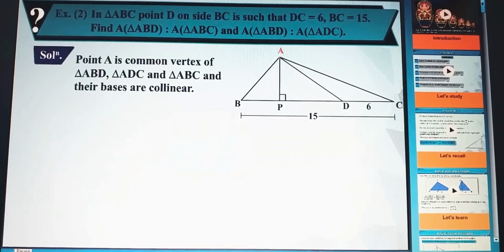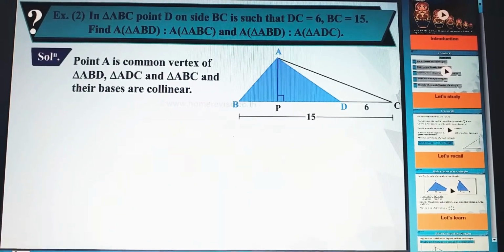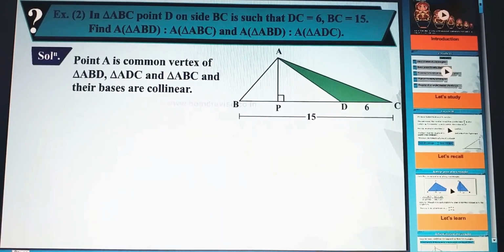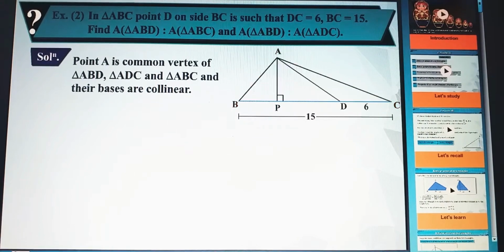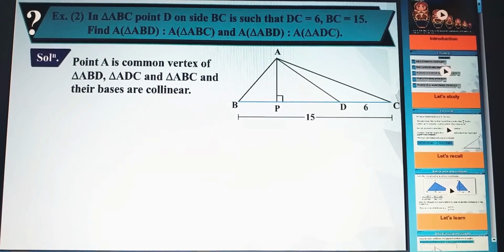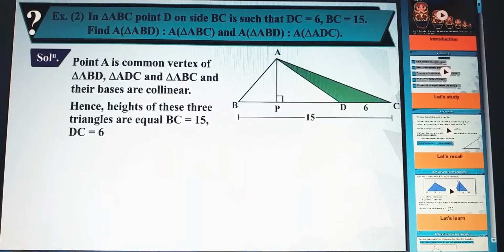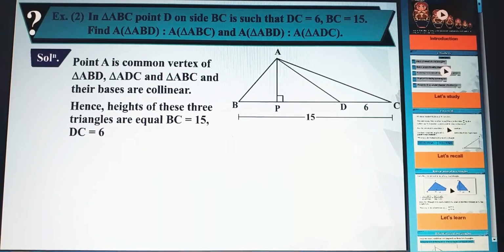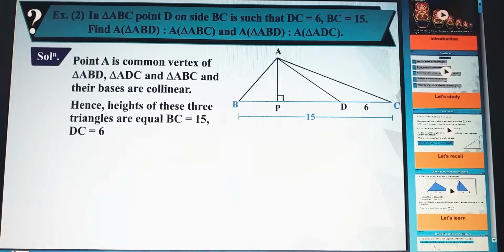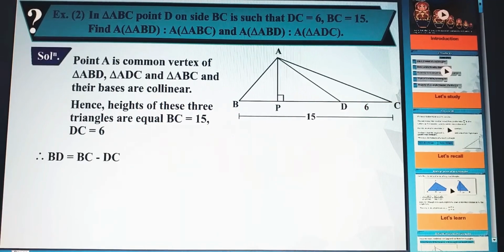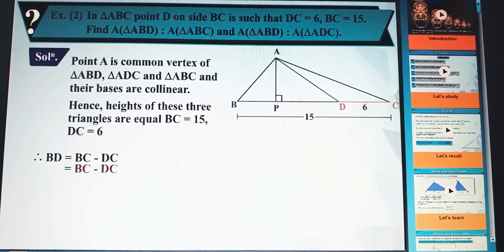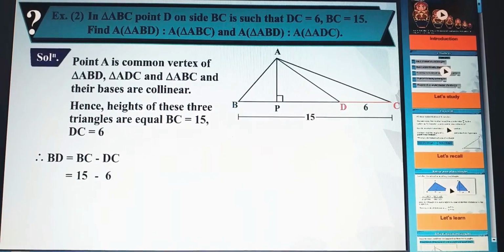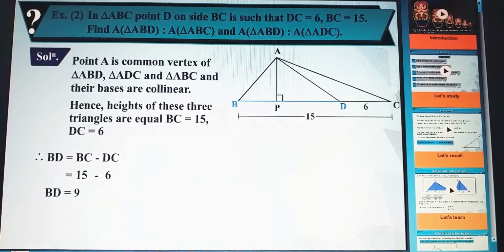Point A is common vertex of triangle ABD, triangle ADC and triangle ABC, and their bases are collinear. Hence, heights of these three triangles are equal. BC is equal to 15, DC is equal to 6. Therefore, BD is equal to BC minus DC is equal to 15 minus 6 is equal to 9.